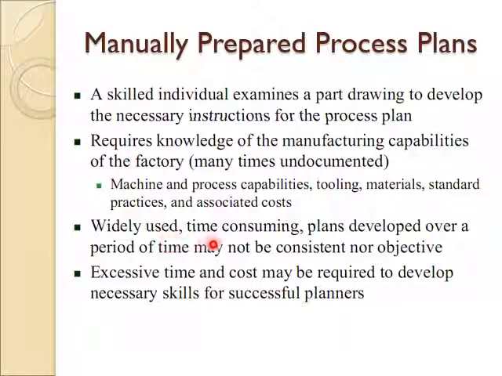This is widely used, but it is very time consuming, and plans developed over a period of time may not be consistent nor objective. It takes excessive time to prepare, and cost may be required to develop the necessary skill for a successful planner. It is completely prepared manually by a skilled person, and it is limited and very time consuming. That is the main problem in manually prepared process planning.